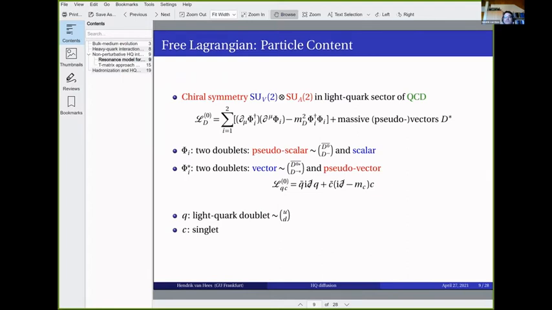And the first model we did in 2014 or so was a simple quark-meson model using chiral symmetry in the light quark sector and heavy quark effective symmetry in the heavy quark sector. So the very simple particle content, starting with the D mesons and also some D stars, and of course the light quarks and the heavy quarks.